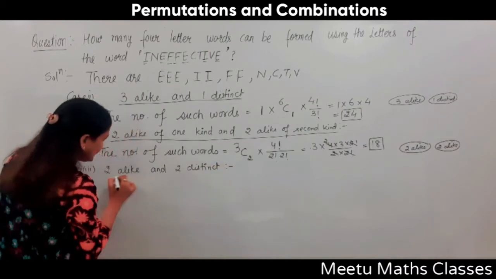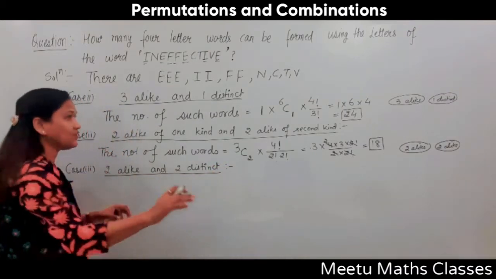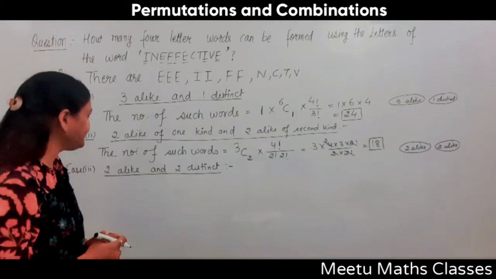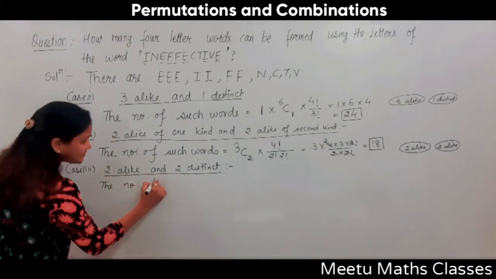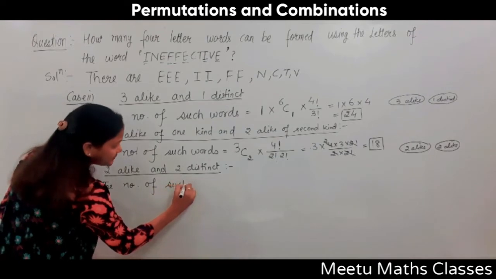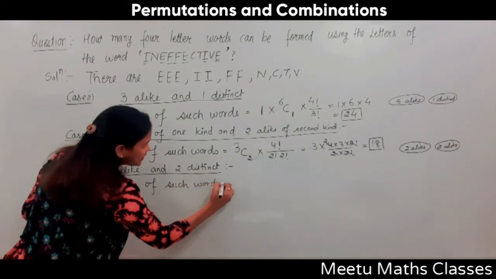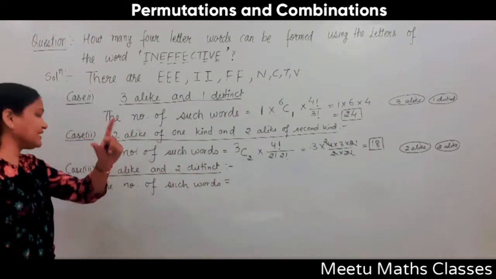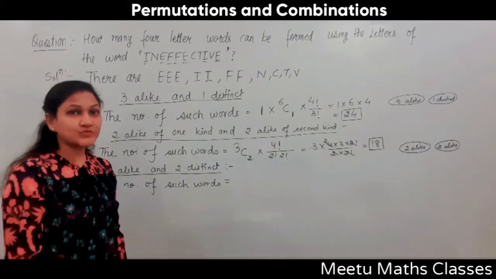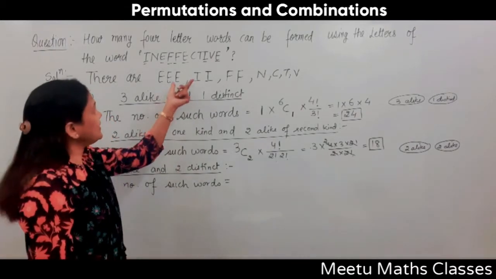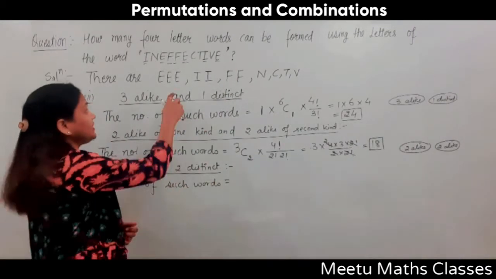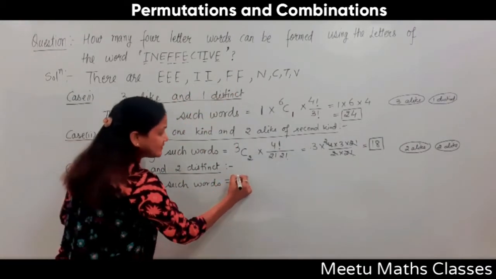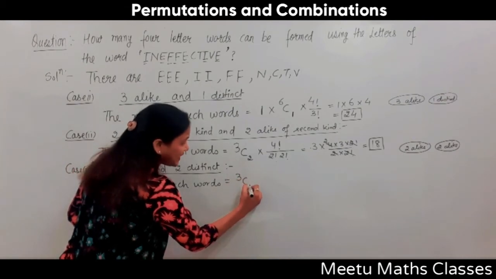You can also do it such that 2 are alike and 2 different letters will be there, and the number of such words will be: first of all you have to choose a set, a pair of 2 alike letters, and we have 3 pairs of alike letters, out of which we are going to choose 1 pair.